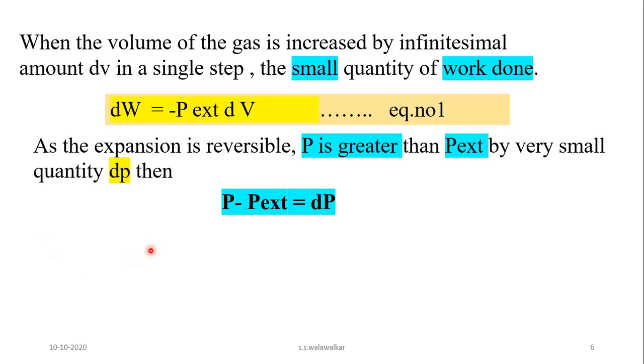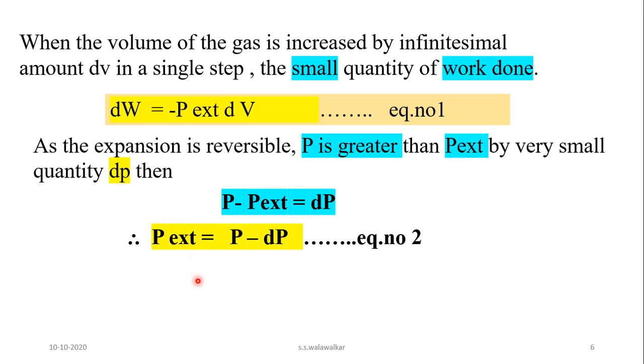The pressure of the gas, the driving force, minus the external pressure, the opposing force, is slightly greater than zero. So the difference between the pressure of the gas and the external pressure is dP, an infinitesimally small quantity, and therefore P external is equal to P minus dP.